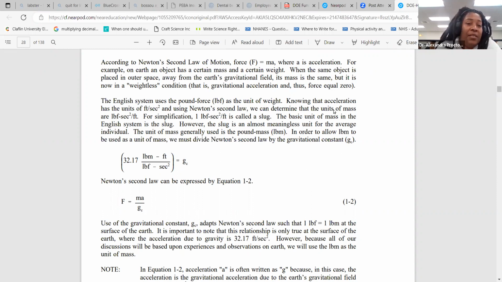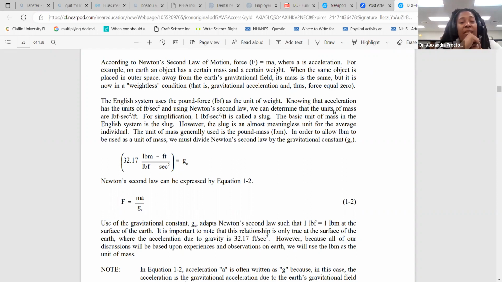The same object is placed in outer space, which is the example that I gave earlier, away from the Earth's gravitational field. The mass is the same, right? All of it is still there, but it is now weightless. There's a weightless condition, and that is gravitational acceleration. Thus, the force is equal to 0.